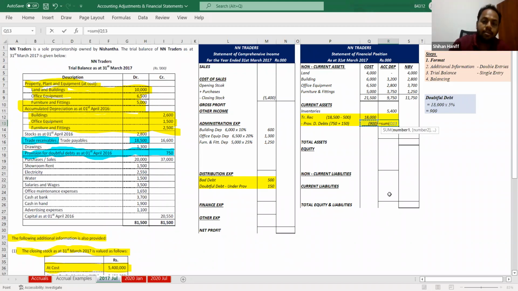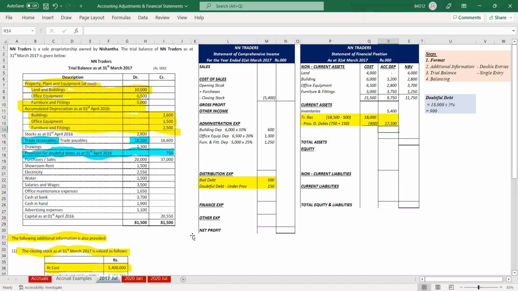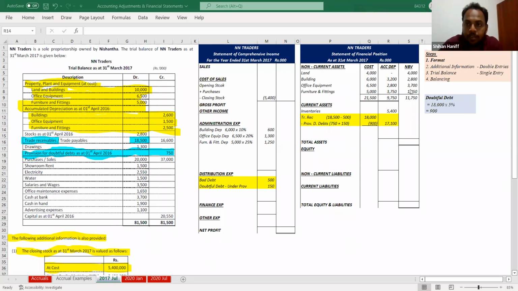Then get the net debtors 17,100. So I hope that's clear.